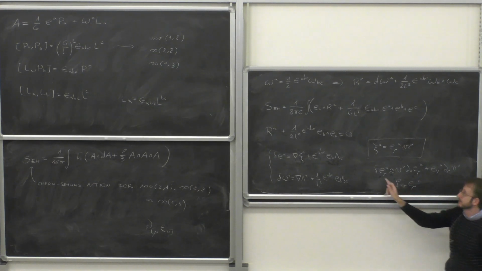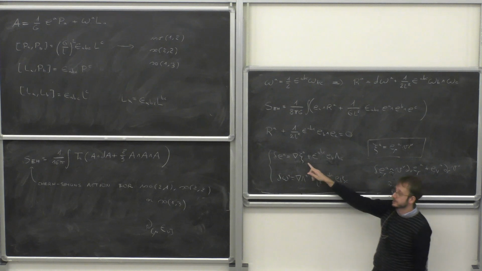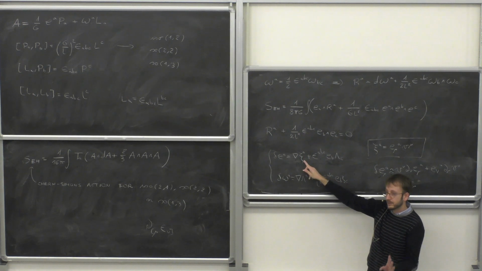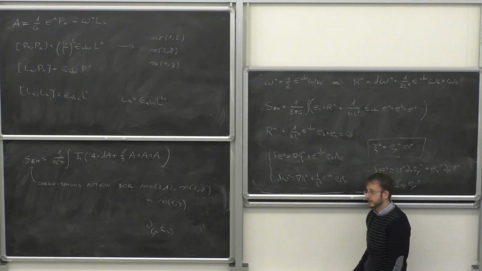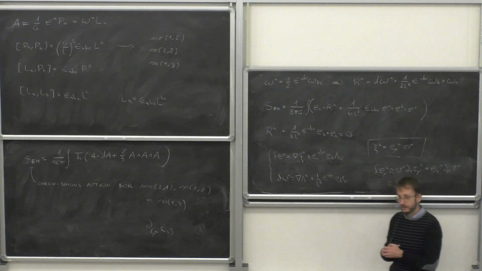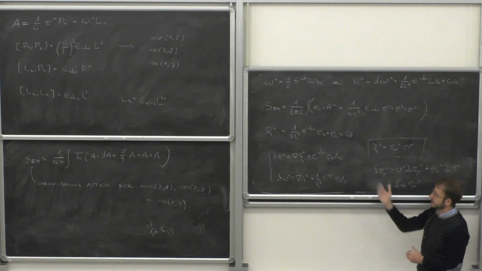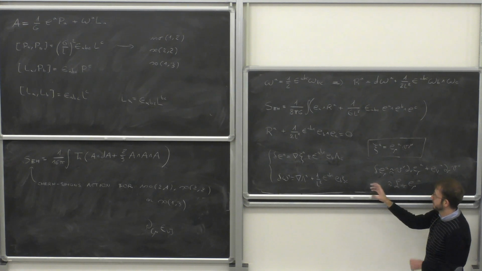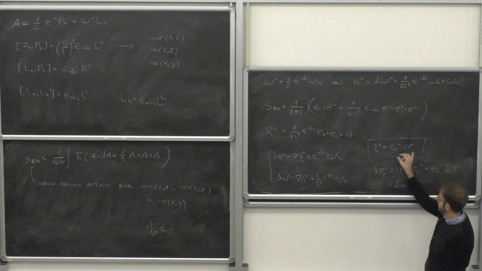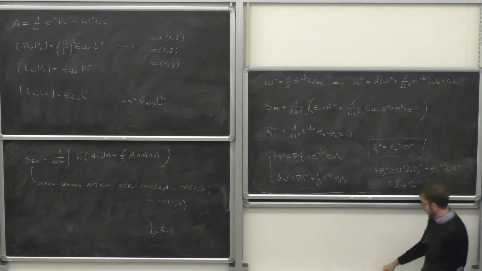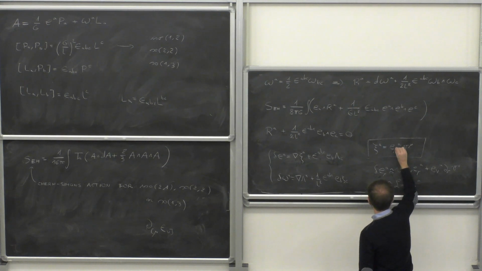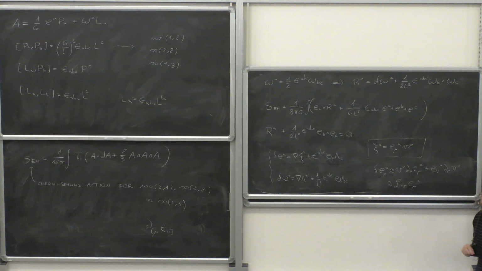In general this is not the case. So this object here is just a zero form. It's not a vector. It's a vector of zero forms in a sense, an element of the cotangent space. But if you pick this very specific parameter, then you realize that there is a diffeomorphism inside.